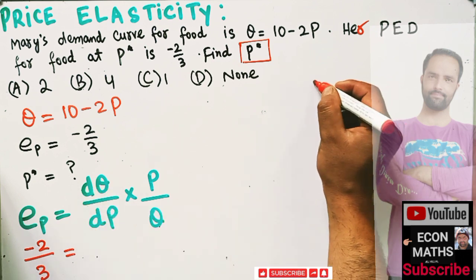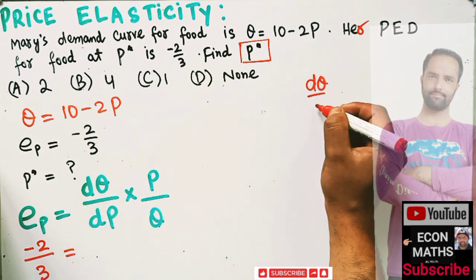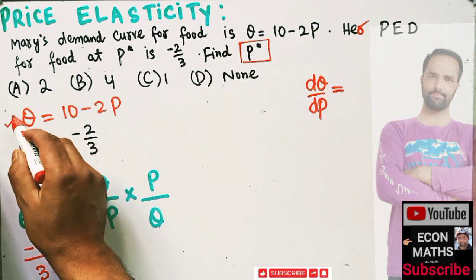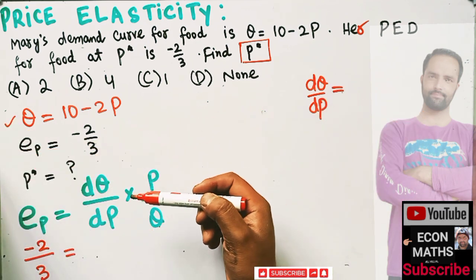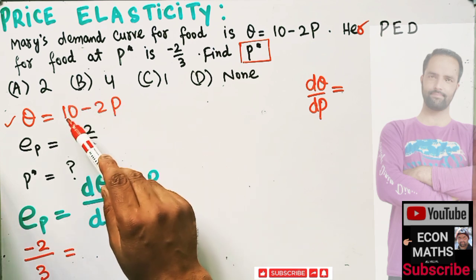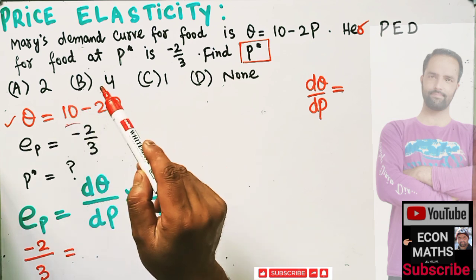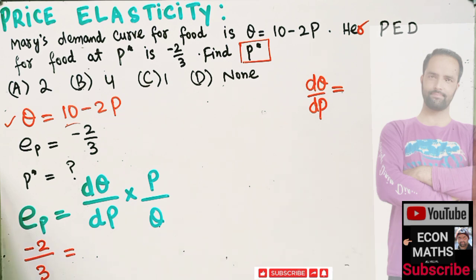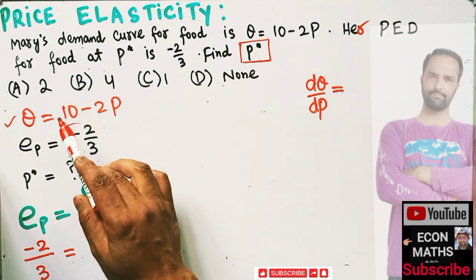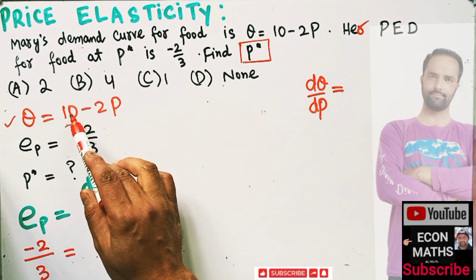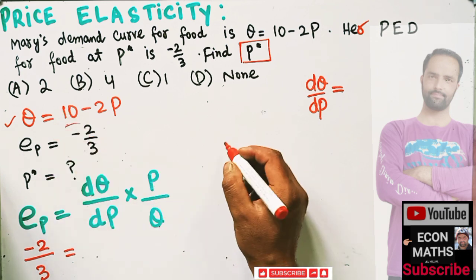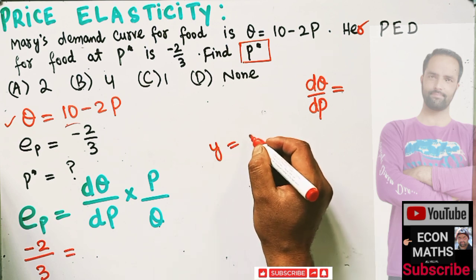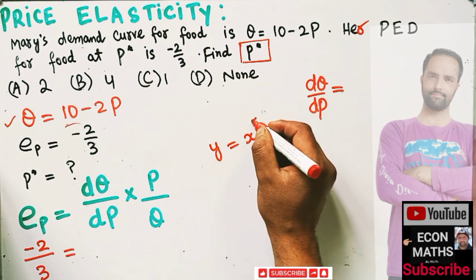What is dQ upon dP? It means we need to take the derivative of this demand function with respect to price. The derivative of a constant is equal to 0. Let me also show it here. Let us say we have a function y is equal to x to the power 5.